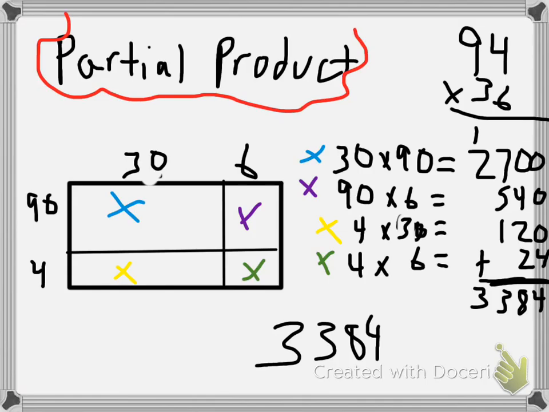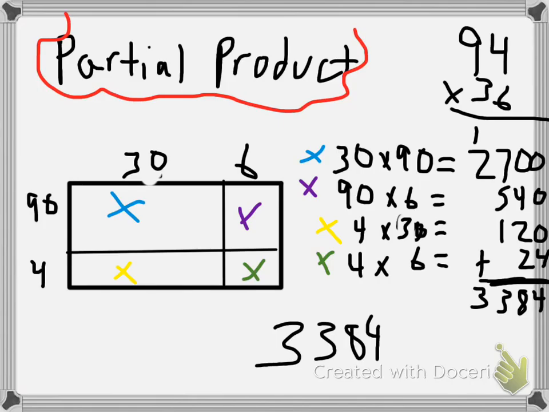Once again, just like the standard algorithm, you start in the right-hand column. So we multiplied 6 times 4, which you can see that we did here, where the green X is. But instead of carrying, I just brought the 24 over and I placed it below the problem. Mine are kind of out of order, so you really should put them in order, but it still comes out to be the same.